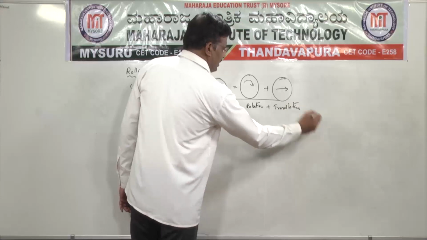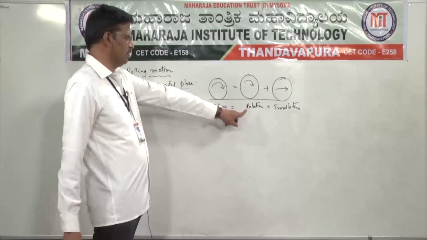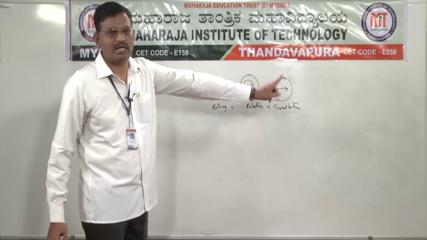So pure rolling motion is equal to pure rotation plus pure translation.